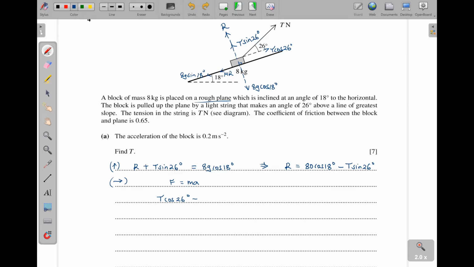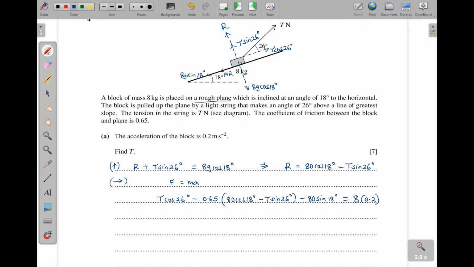So we have mu, which is given as 0.65, and then our R, which we have just gotten, 80 cos of 18 minus T sine of 26. Close the brackets. Then we also have mg sine theta, so 80 sine of 18, which is equivalent to the mass of the block, 8, times the acceleration, given as 0.2.